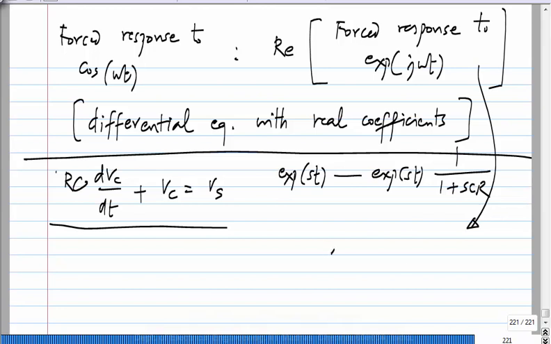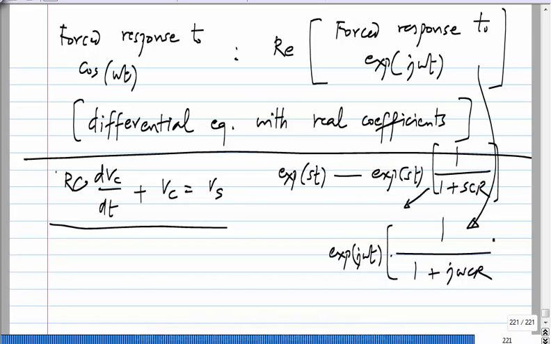Here it is exponential j omega t times 1 by 1 plus j omega CR. What is this thing that is multiplying? I called it something, right? This is the transfer function h of s. So here what we get is exponential j omega t times h of j omega.